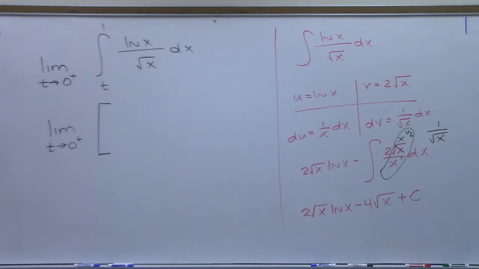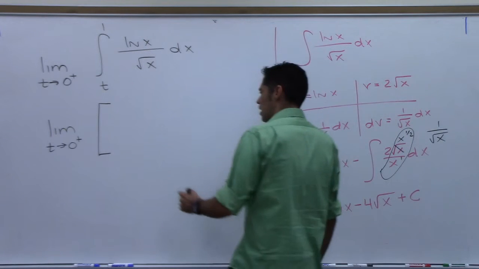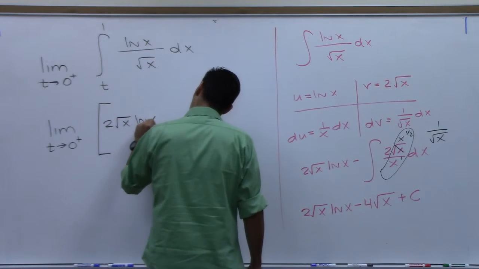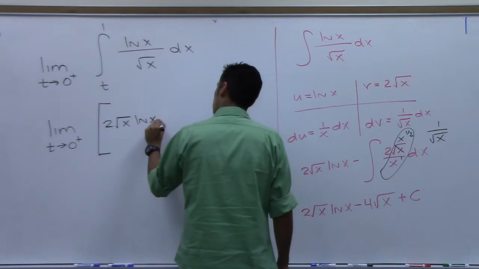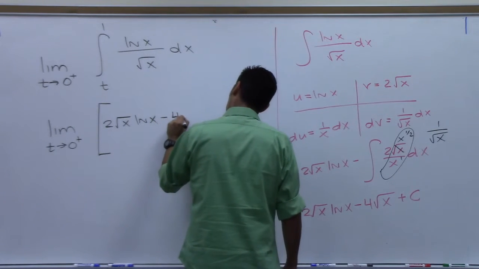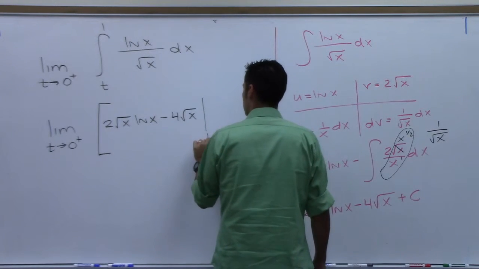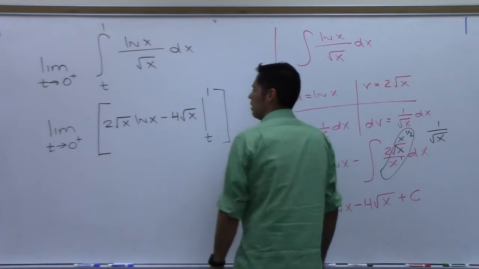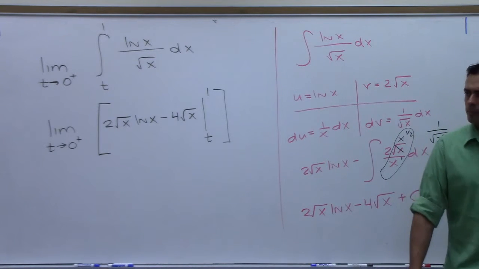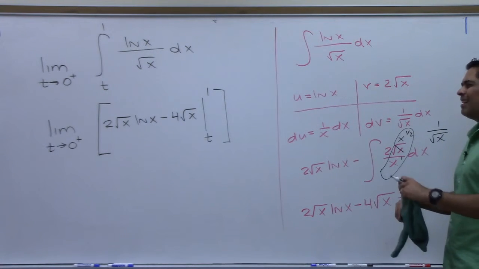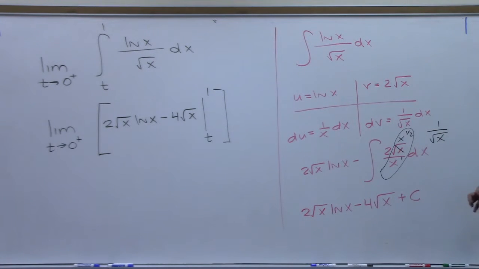I'm going to finish this one off because there's something tricky in this limit. Would you factor out the 2 root x? You could, it might serve some good purpose when evaluating, but I don't know if it helps here.